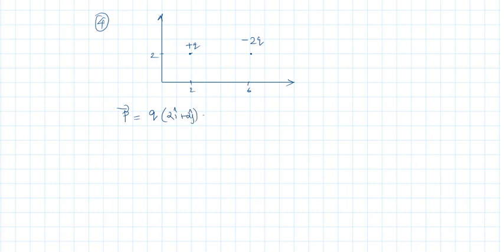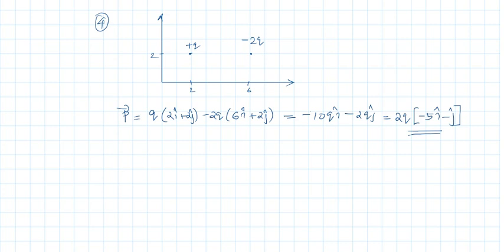The second charge is minus 2q, position vector is 6i plus 2j. So adding these two, you will get 2qi minus 12qi, so it is minus 10qi, and 2qj minus 4qj, so it is minus 2qj. That is, you can take 2q outside. Remaining is minus 5 i cap minus j cap.